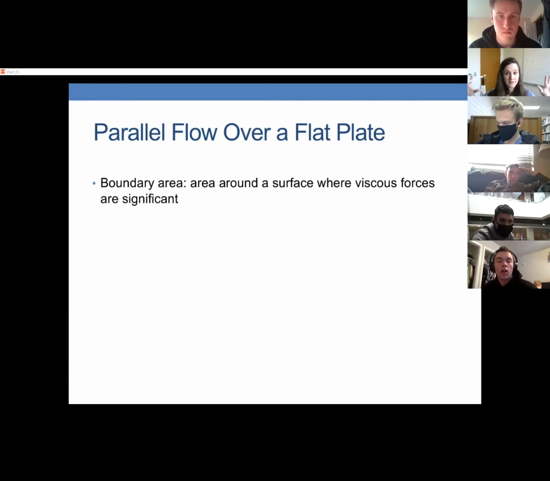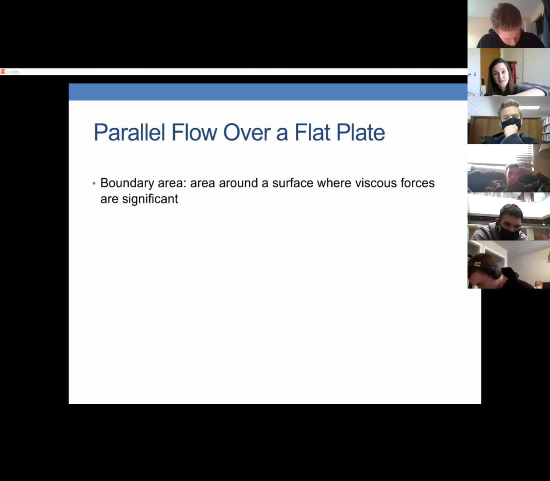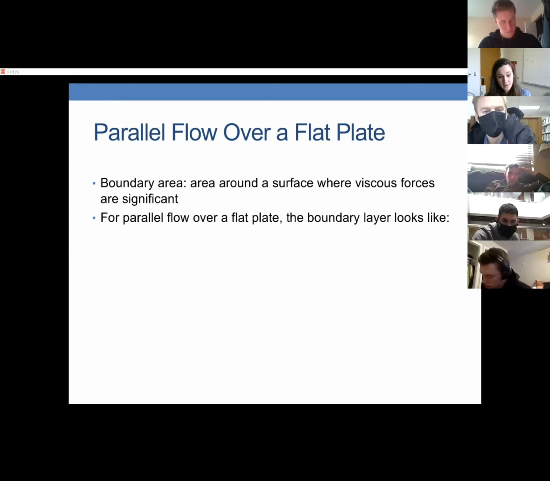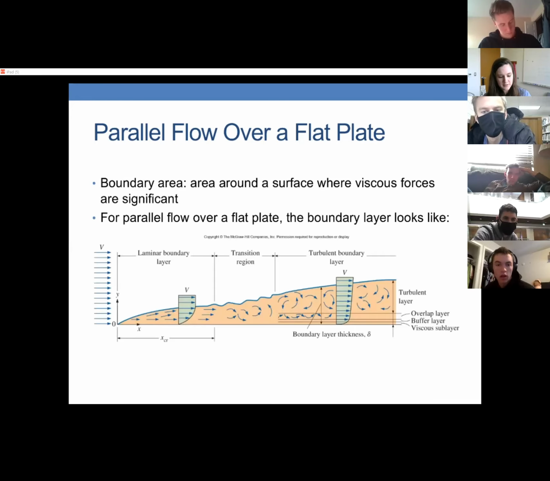So when we're talking about flow over a flat plate, we need to discuss the concept of a boundary layer. So around some surface, there's going to be an area where the viscous forces are significant. Remember, we said the farther you go out, the less significant it will be. So the area around the surface, we call that the boundary layer. For parallel flow over a flat plate, the boundary layer looks like this.